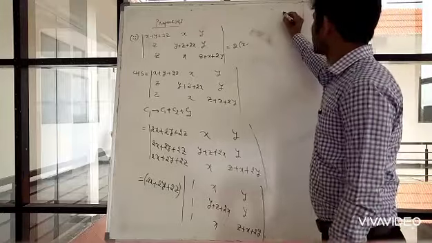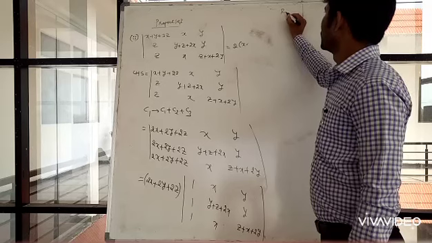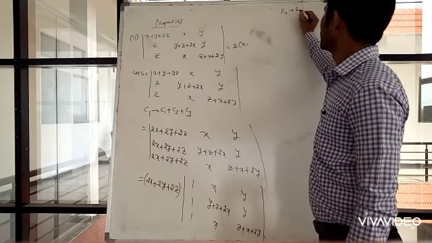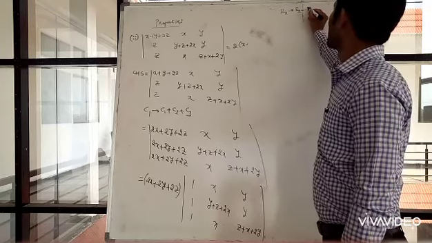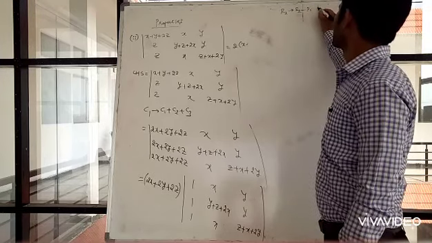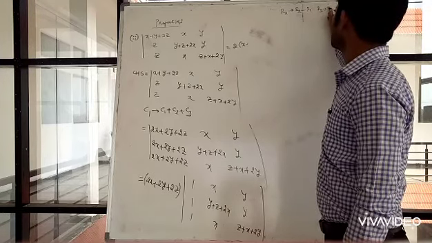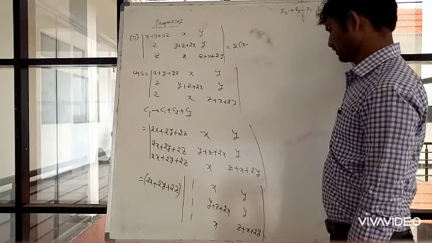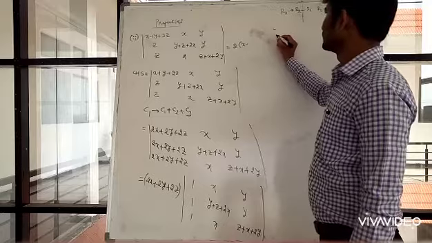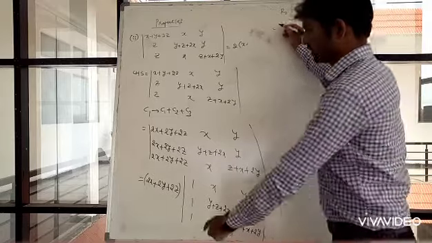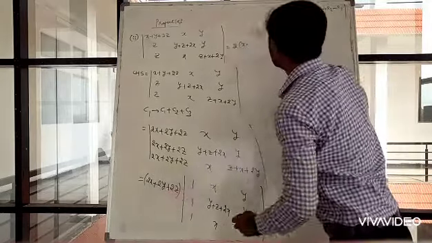So to make them 0, R2 implies R2 minus R1. Then R3 implies R3 minus R1. Then LHS is equal to, here 2 is common.